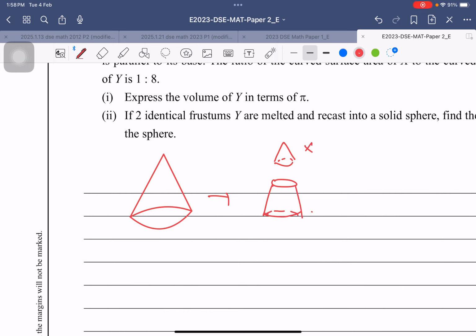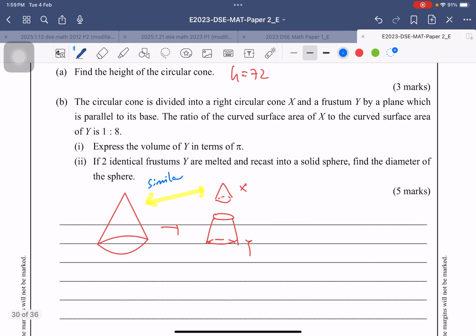So this is X, this is Y. And one thing you need to realize is, are these two similar? Yes, they must be similar. So that's the thing you need to have.